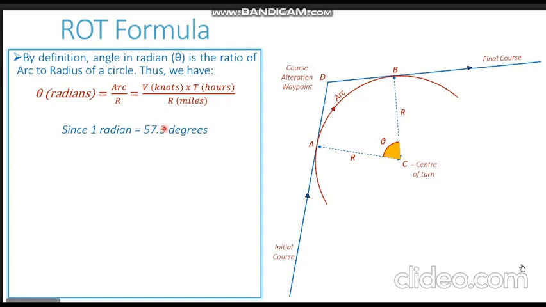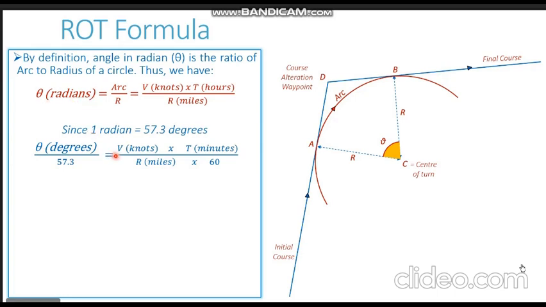For that, we should be aware that 1 radian is equal to 57.3 degrees. So in this formula, instead of writing the angle in radians, I want to input my angle in degrees, and this angle in degrees divided by 57.3 gives me the same value as the angle in radians.